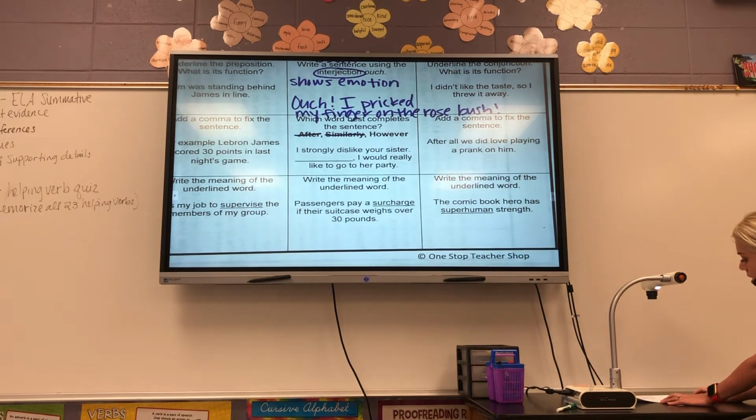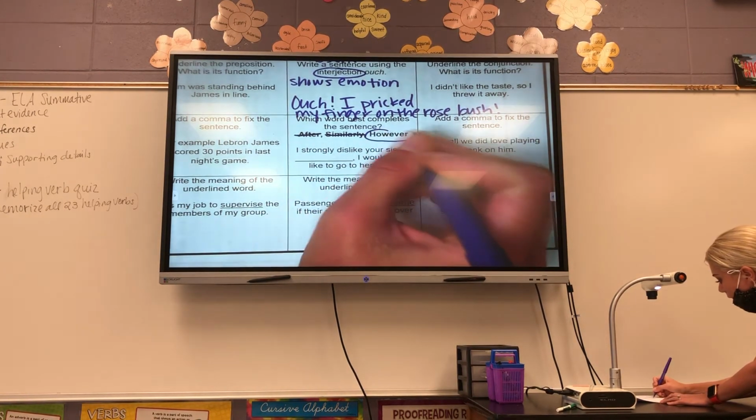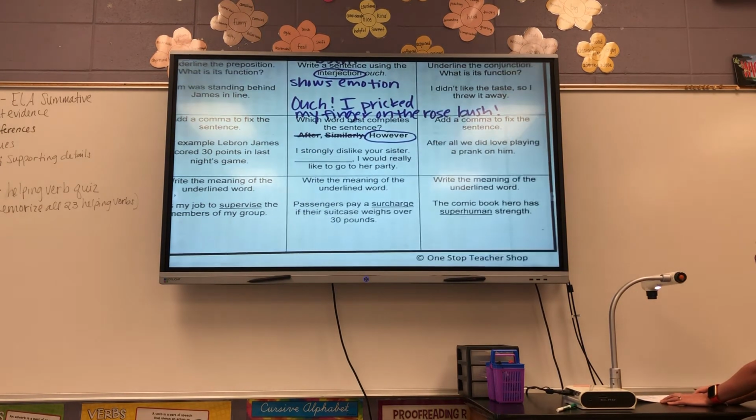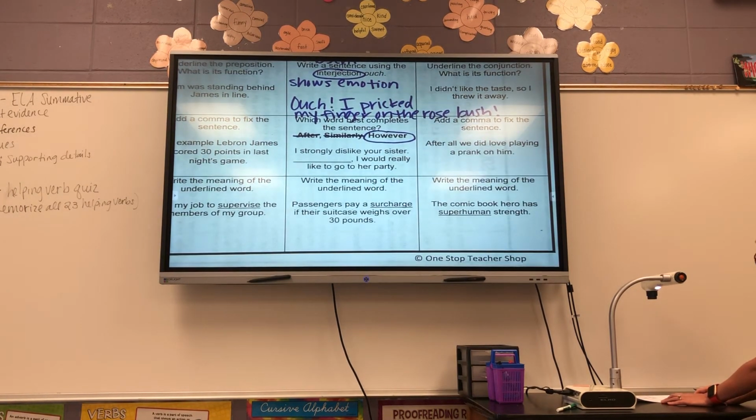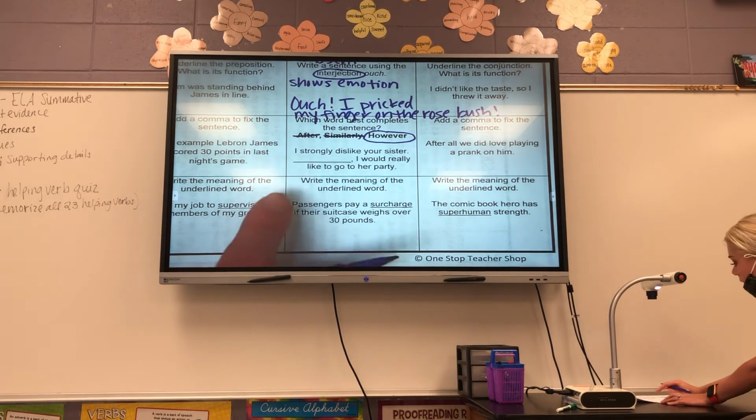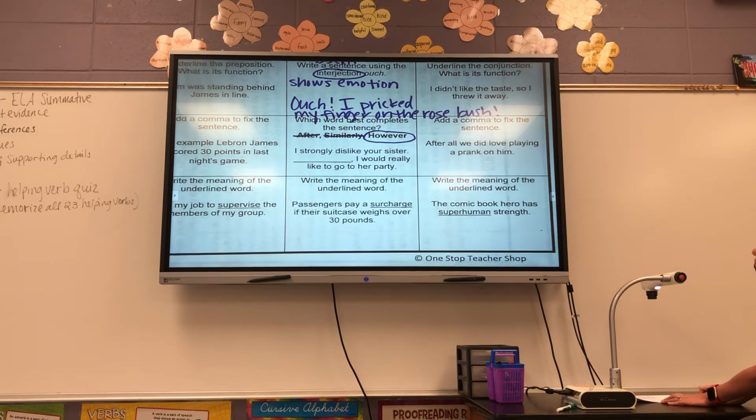However, I would really like to go to her party. So out of the 3, however sounds the most correct. Anytime you can use the word however, you can also use the word but. So if I wanted to say, I strongly dislike your sister, but I would really like to go to her party, if that sounds okay, then you can use the word however.